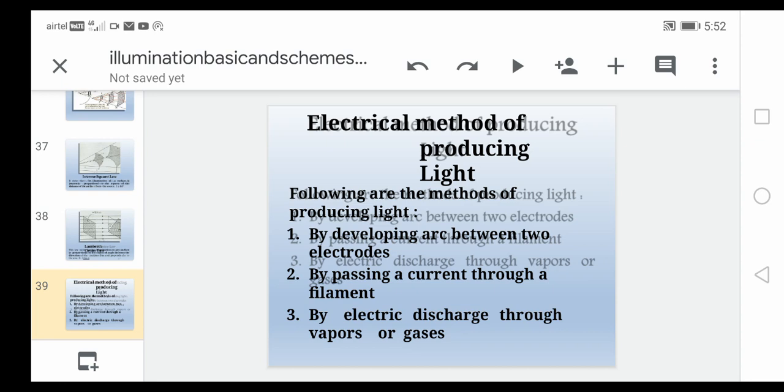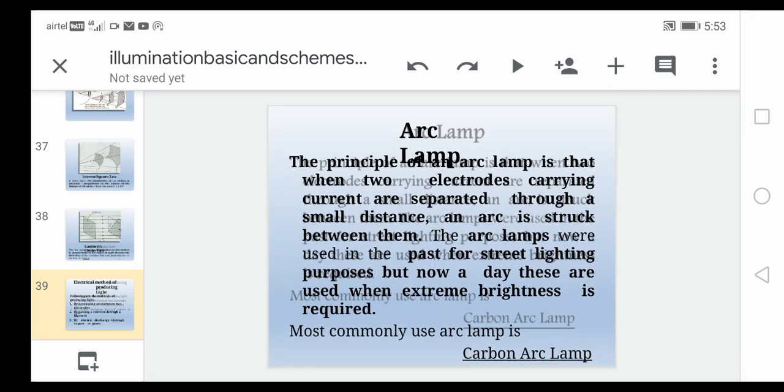The first is called an electrode lamp, the second a tungsten filament lamp. In the third we use gases and vapors, that is, mercury vapor lamps, sodium vapor lamps and hydrogen lamps. These are the different light producing methods in electrical.